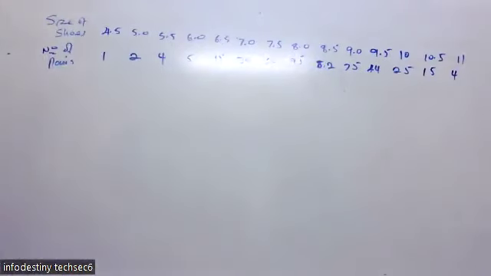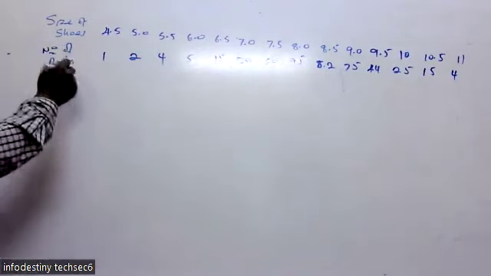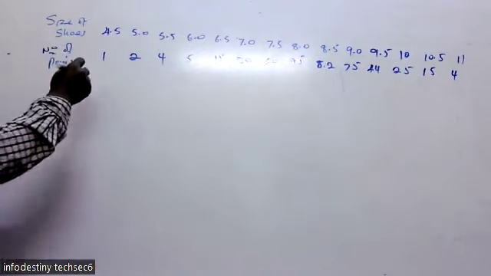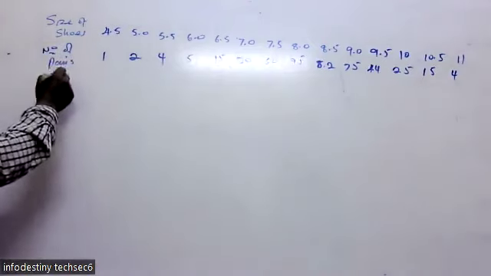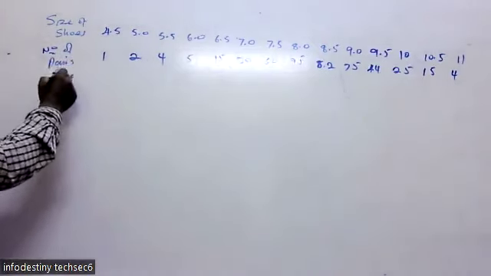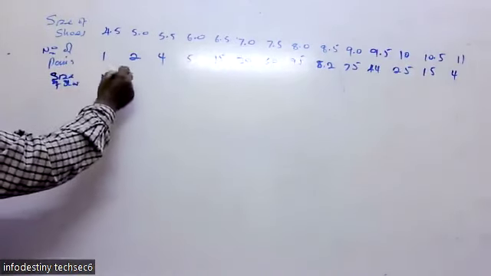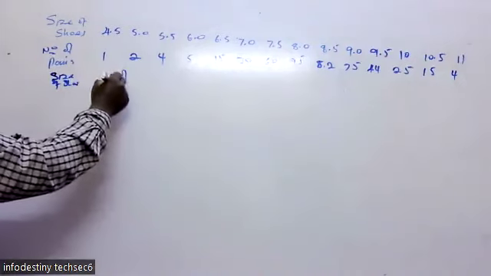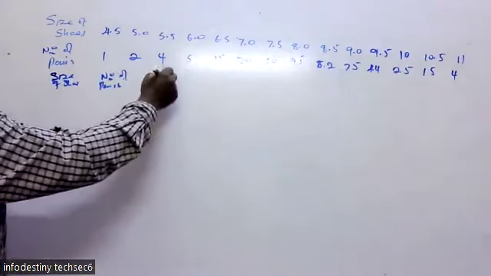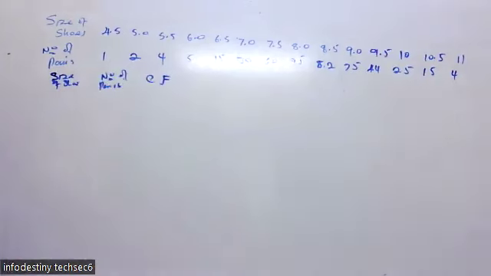Now, after that, our next step, it's already arranged in ascending order. So what we are going to do, we want to get the cumulative frequency. So let's arrange this one downwards. So we have the size of shoes, then you have number of pairs, then you are going to have cumulative frequency. That is what you are going to do.